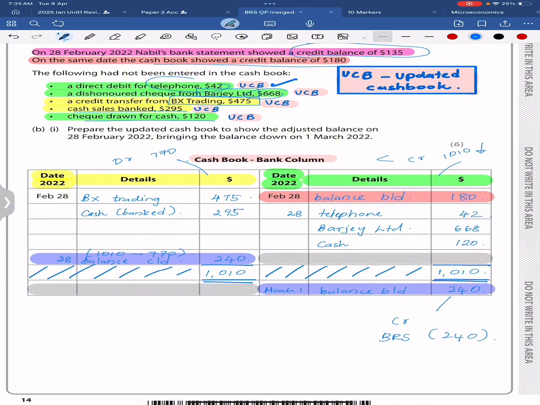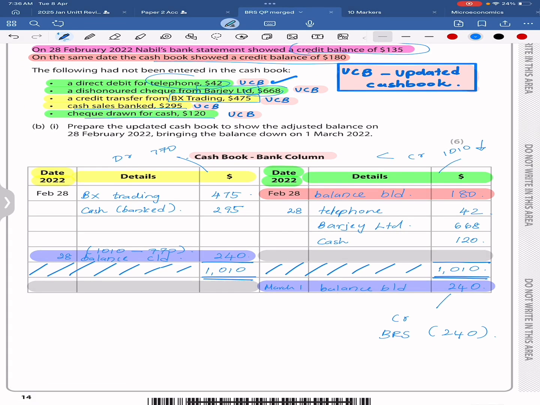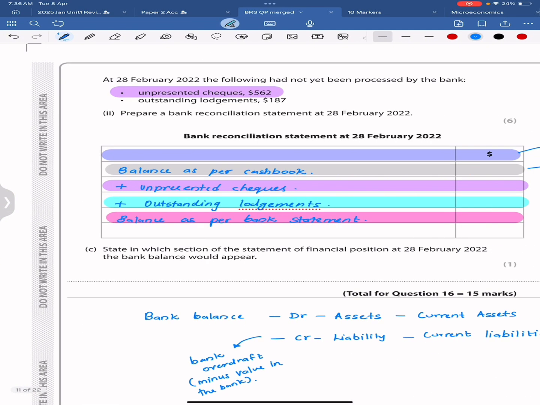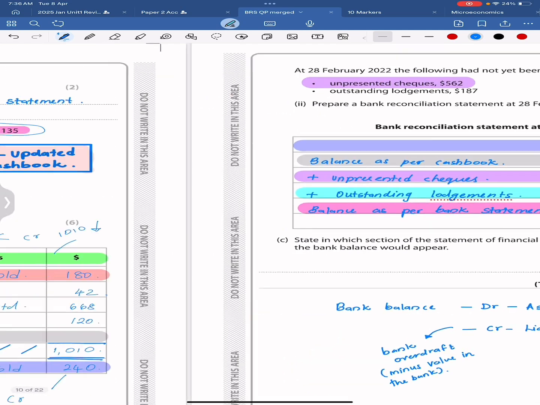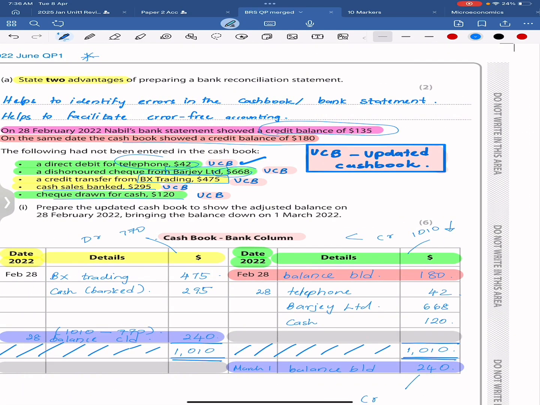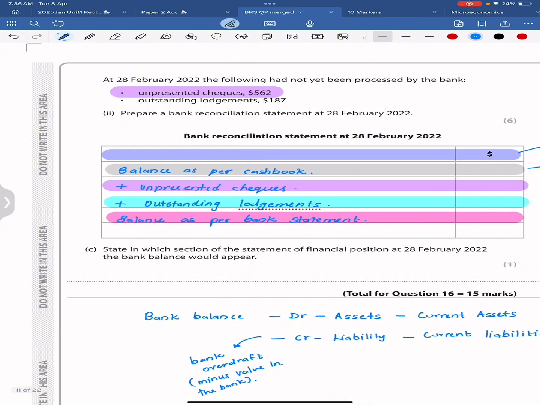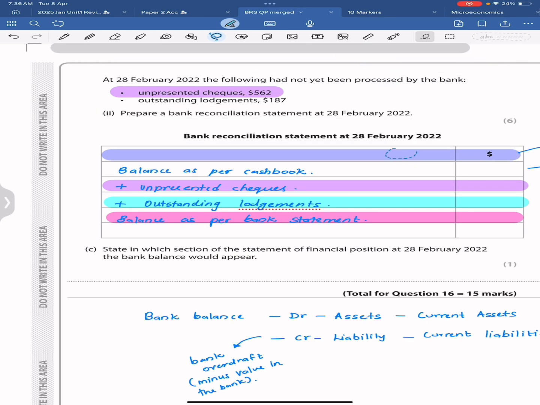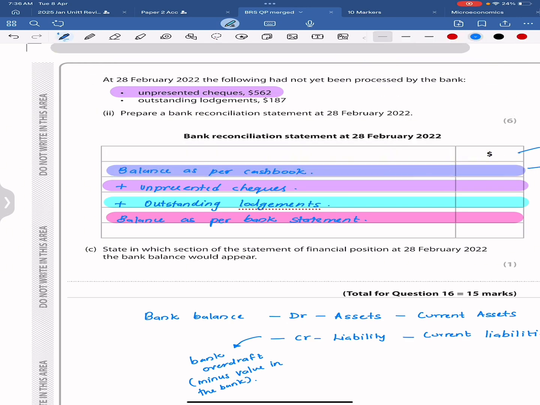Now let's prepare a bank reconciliation statement.